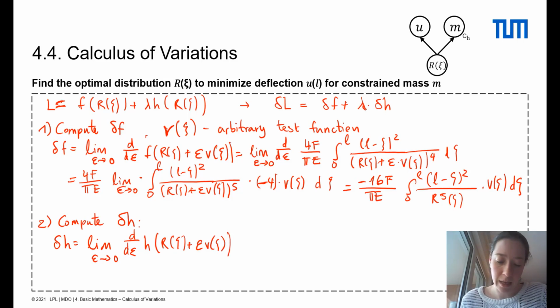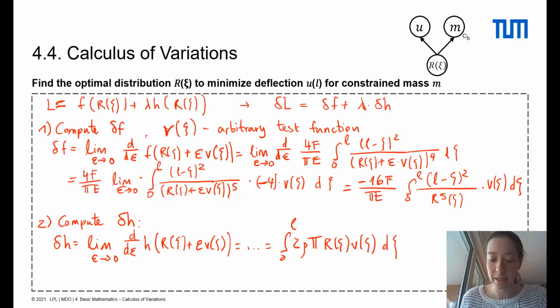We can use the same arbitrary test function here because, well, it's an arbitrary test function. And we end up with the integral from 0 to L of rho p times R of xi times V of xi d xi. To rho p, yeah.